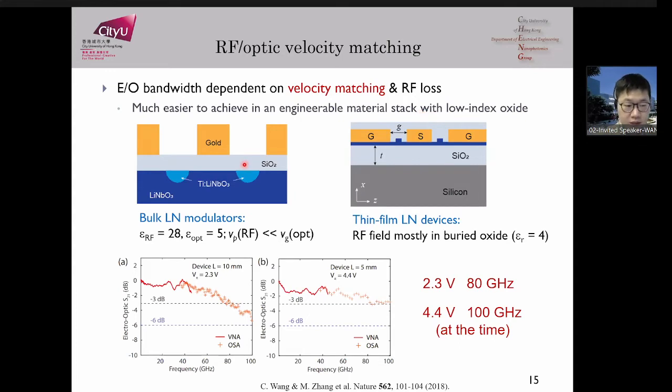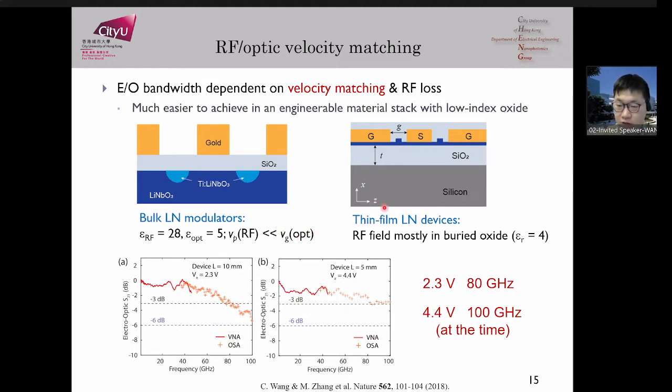Right, and it turns out that in thin film lithium niobate, it's much easier to do the velocity matching because for bulk lithium niobate, the RF refractive index or dielectric constant of lithium niobate is much larger than at the optical frequency, right? So it means that the traveling speed of RF is intrinsically much smaller than optics.